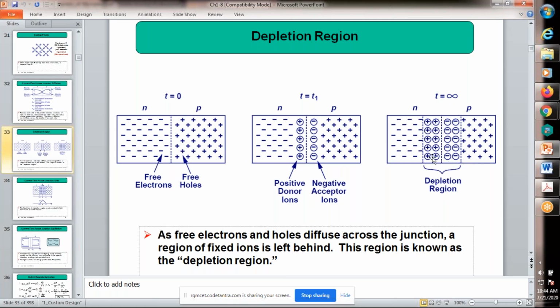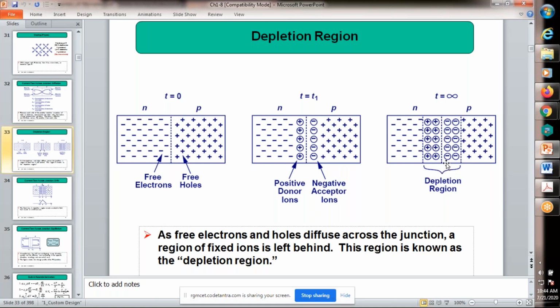More positive ions are created on the left side and more negative acceptor ions are created on the P side. Now this region is important. This region is called the depletion region. The depletion region contains ions, positive ions as well as negative ions. It does not contain any mobile carriers.